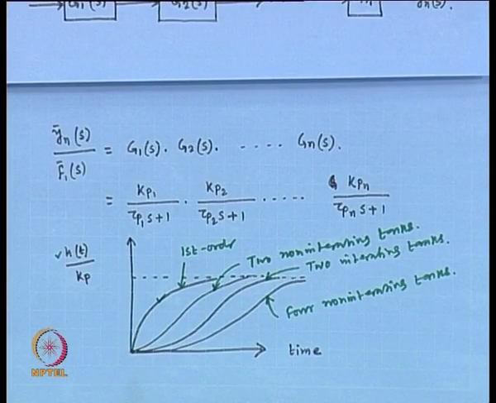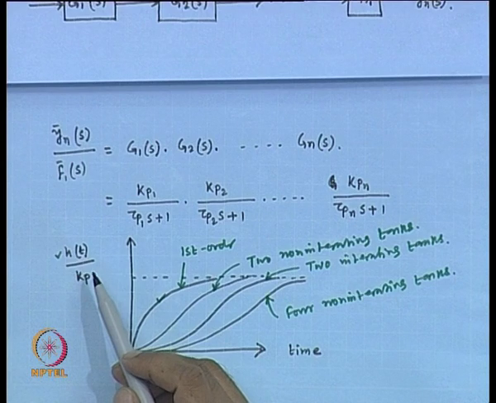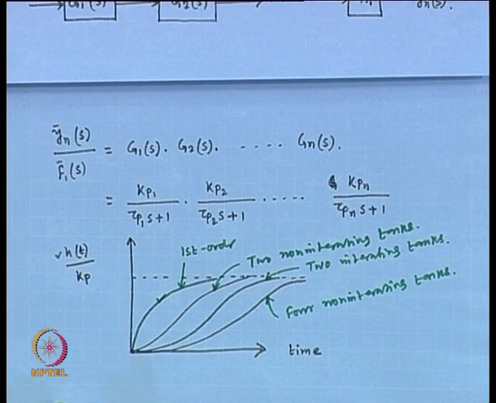S-shaped behavior, and as I mentioned in the last class, this H represents the height of first tank for single tank system. H represents the height of second tank, and Kp represents the gain of second tank for two tank system. H represents height, Kp represents gain for fourth tank for four tanks system.